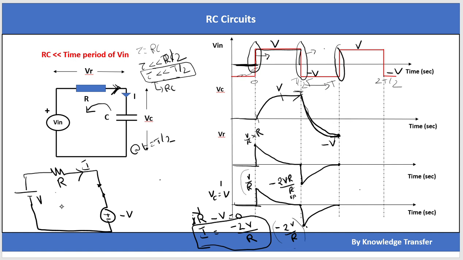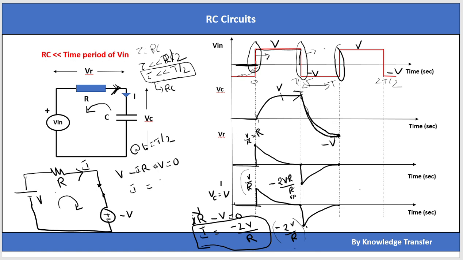So okay, again let's write a KVL here. We see V volt minus I into R, and minus V volt equal to 0.